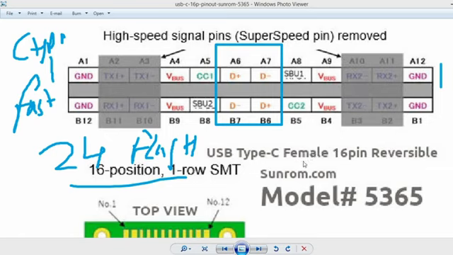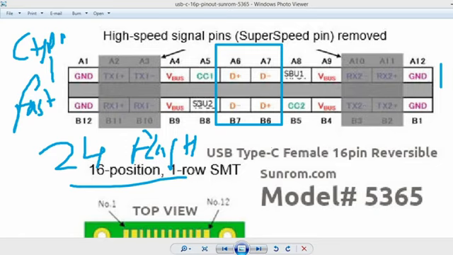Through this pin, if your phone is capable of working on 12 volts, after some process, through this pin the PD charger will produce 12 volts. Your charger produces 10 volts and your phone works or charges on 12 volts.